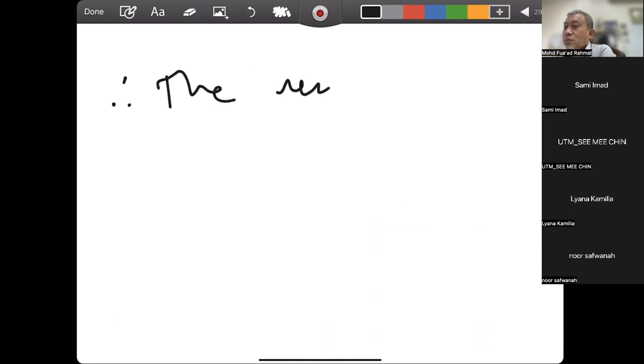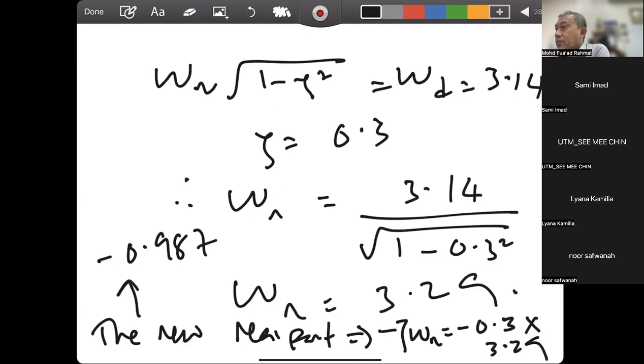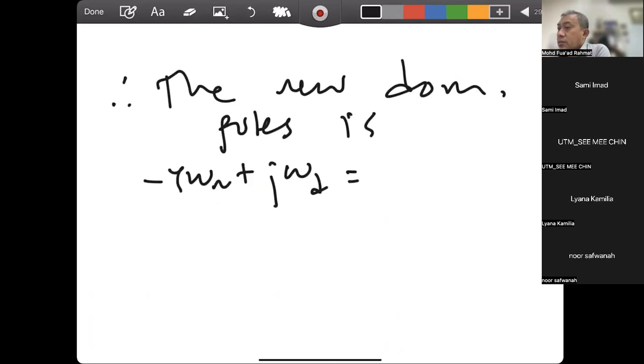So therefore, the new dominant pole is minus zeta omega n plus j omega d, which is more or less minus 1 plus j 3.14.